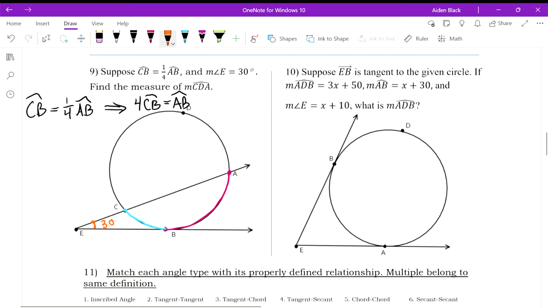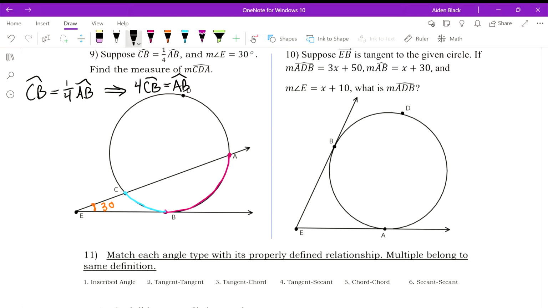So I'll write this out where I can see fit. 30 is equal to 1/2 BA, or AB, same, minus CB. But you'll notice AB actually equals 4CB.